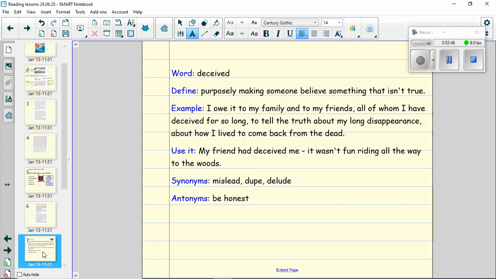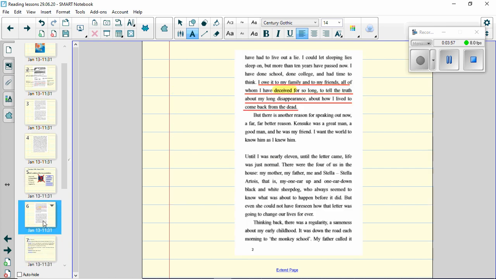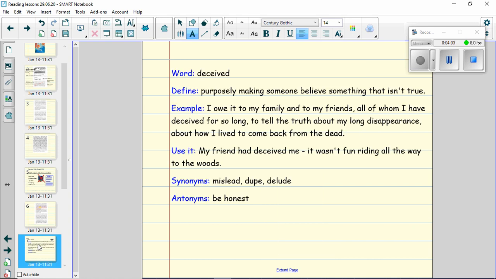And that means that it's giving you the impression that it's not that deep, but it really is really deep. So that's why we don't really want you to use a dictionary. We want you to read around it because it depends what context, and that means it depends what sentence and what setting the word's said in. So it can mean deceiving, it can mean it gives you the wrong impression, but in this instance it means that someone, the narrator, has purposely made someone believe something that isn't true.